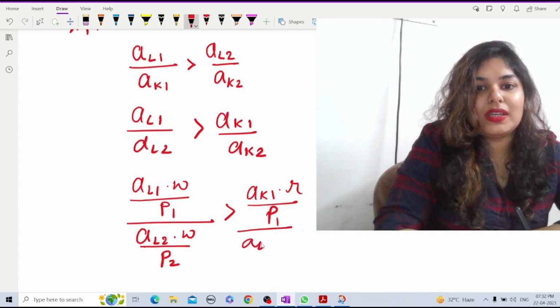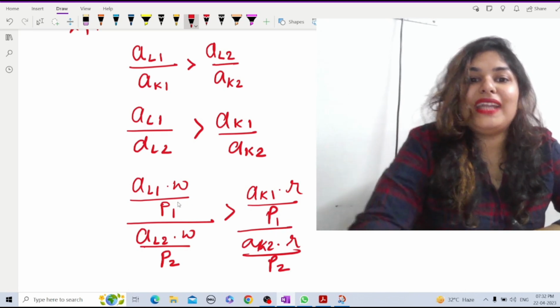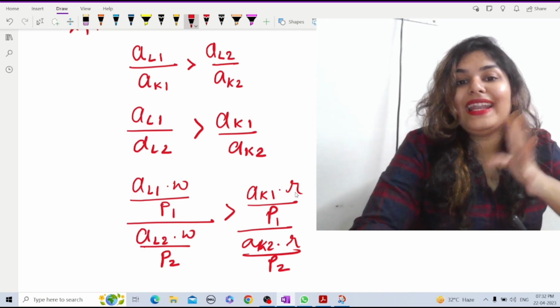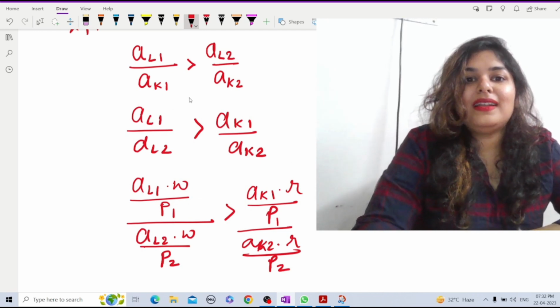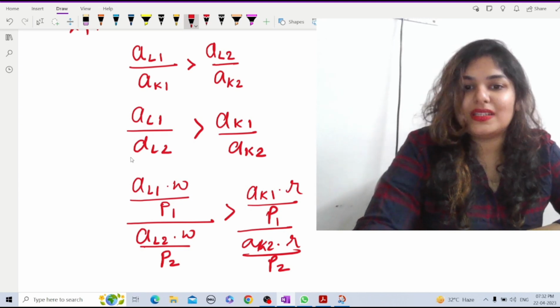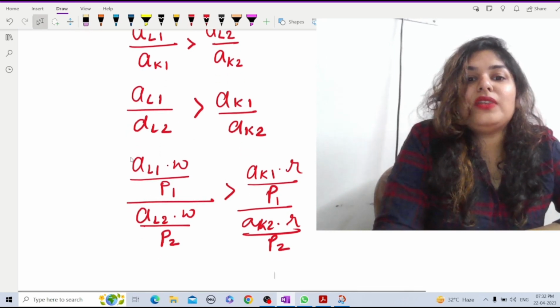So basically, we have balanced both sides by dividing by P1 by P2 as well as dividing by W on one side and R on the other side, such that the balance on the left hand side and the right hand side is maintained. We have just added the variables that we need. Now why do we need it?